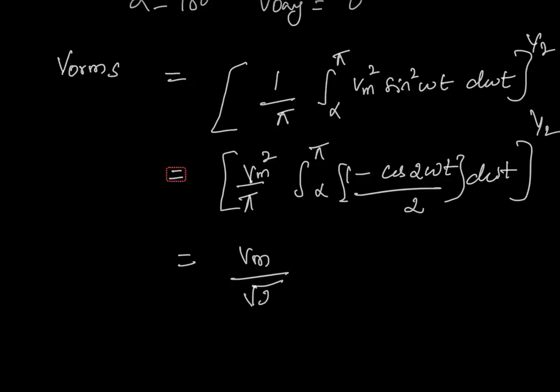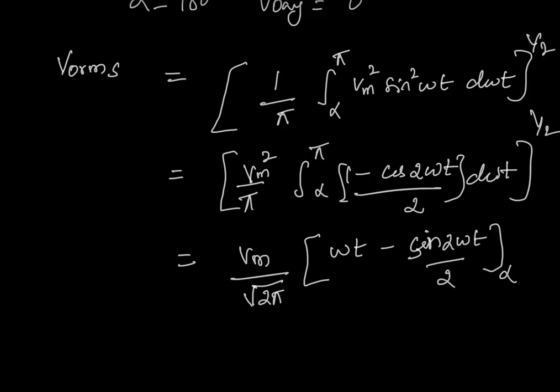So root of 2 pi, integration of 1 will be omega t, minus integration of cos 2 omega t, which will be sin 2 omega t by 2, with limits varying from alpha to pi, whole to the power 1 by 2. Which will be equal to Vm by root 2 pi.